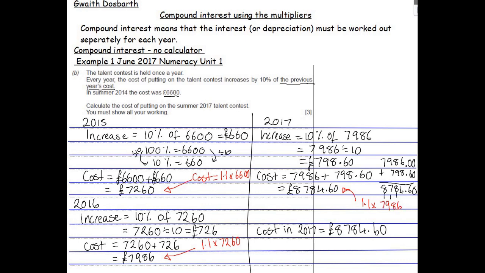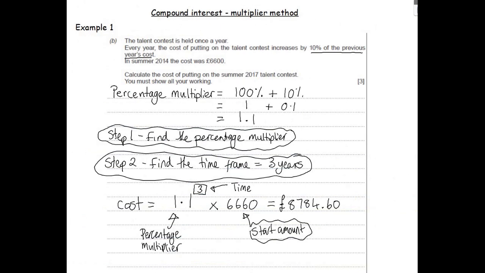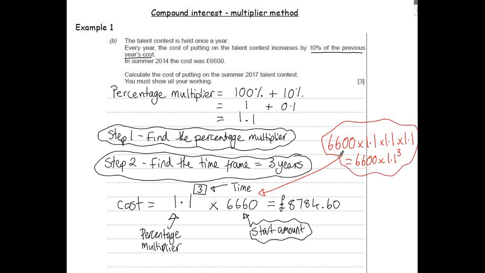So essentially what you're doing each time is multiplying that original amount by 1.1 for the first year, 1.1 for the second year, 1.1 for that third year, which in itself is like 6,600 times 1.1 to the power of 3. So that's where it comes from. That's why we use this formula.